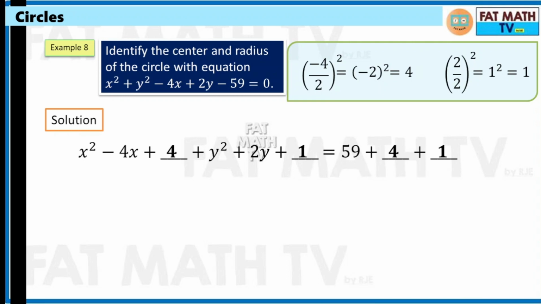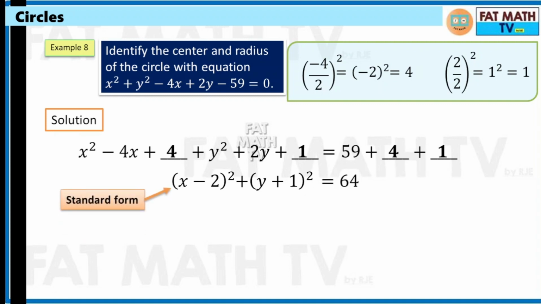And then factor. X squared minus 4x plus 4, you can have x and then half of this is negative 2. So (x minus 2) squared. For y squared, y, and then half of 2, you will have (y plus 1) squared. 59 plus 4 plus 1 is 64, and this is already in standard form with h positive 2, k negative 1, and r squared 64.